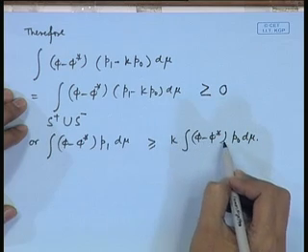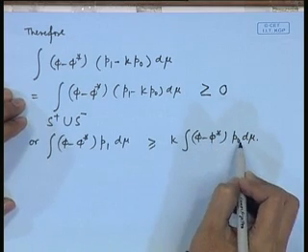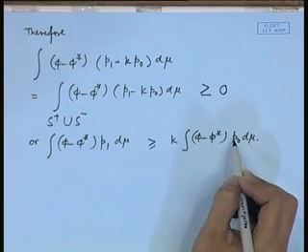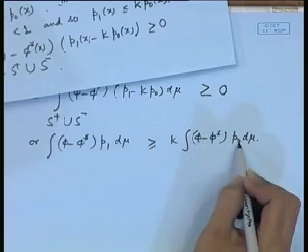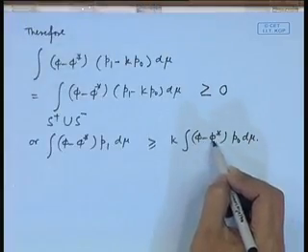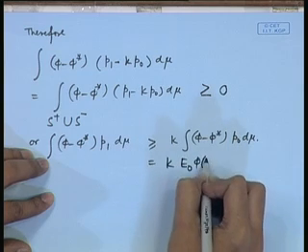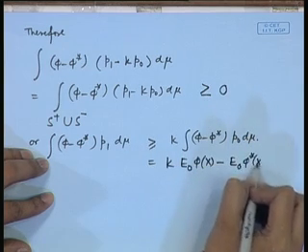Now you look at the right hand side, this integral of phi minus phi star p naught is nothing but the expectation of phi under H naught minus the expectation of phi star under H naught. That is, we can write it as k times expectation naught phi x minus expectation naught phi star x.